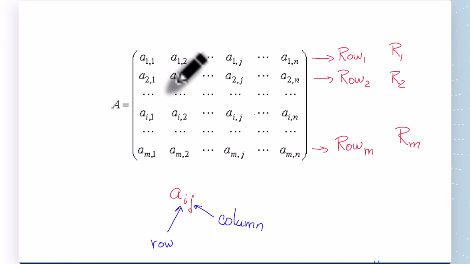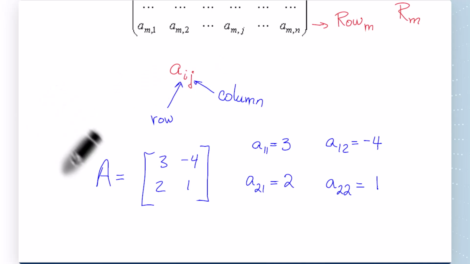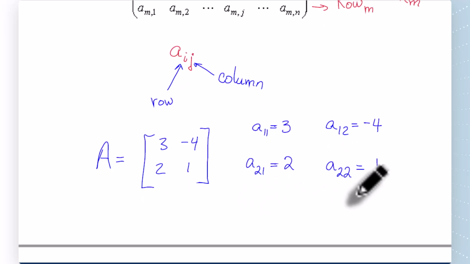So this a22, whatever that number is, is in the second row, second column. So for example, if A looks like this matrix, then 3 is in the a11 position, minus 4 is in the a12, first row, second column, and also the same for row 2.